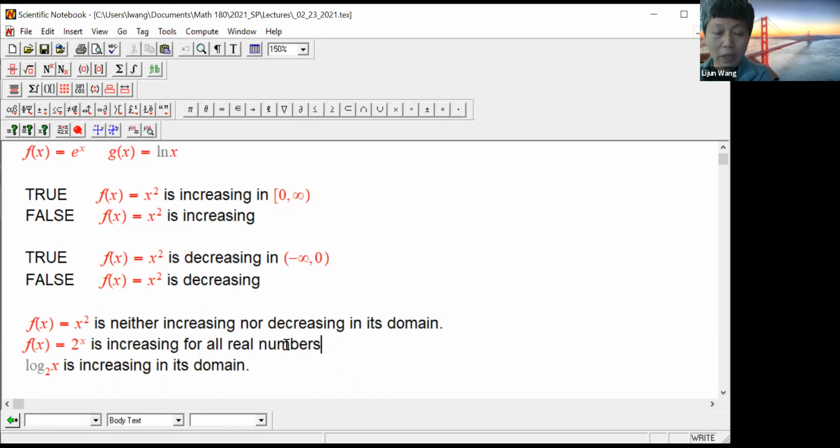I'm not just talking about El Camino College students. I'm talking about students at USC, from Cal State, UC. All of the students are not very good at using inequalities, but yet using inequalities is very important for your success in math classes. So that's going to be the new emphasis.